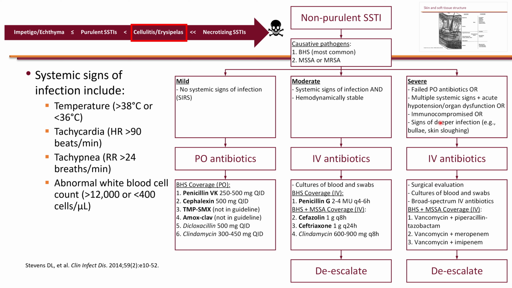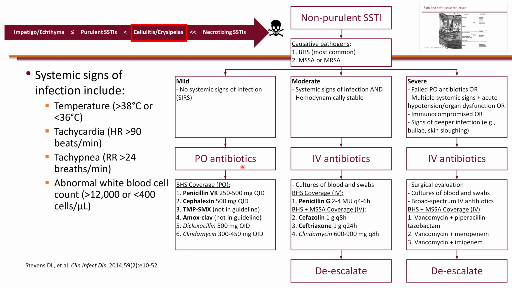One thing with non-purulent SSTI, we're getting one step closer to the most severe skin and soft tissue infection, which is necrotizing. So if you suspect signs of necrotizing skin and soft tissue infection, that will be considered severe.